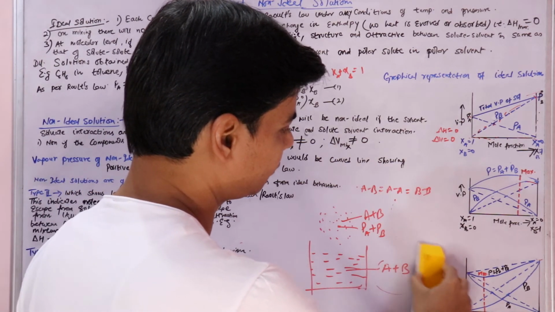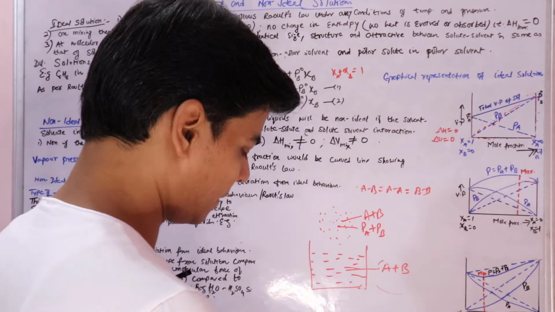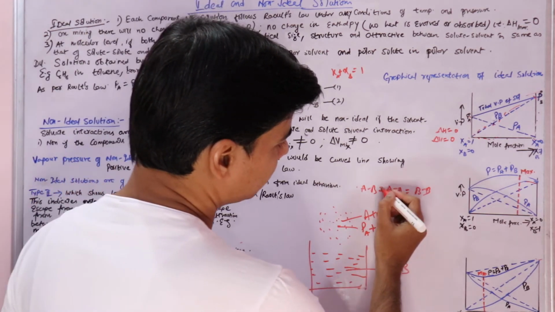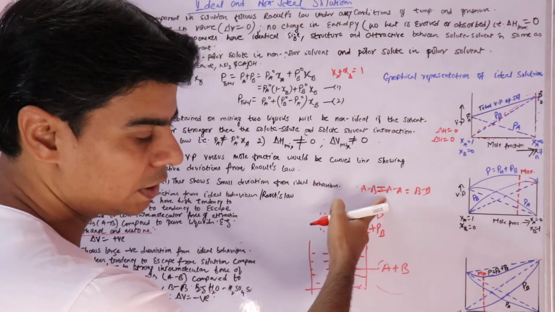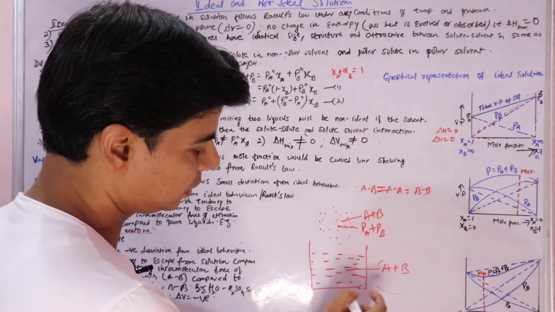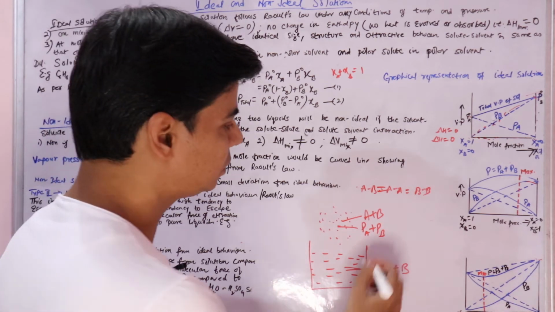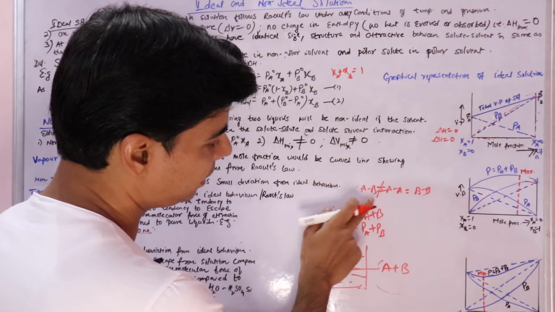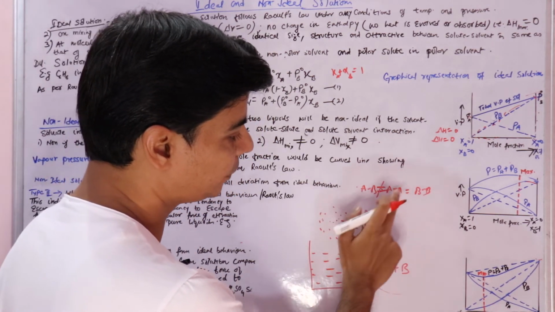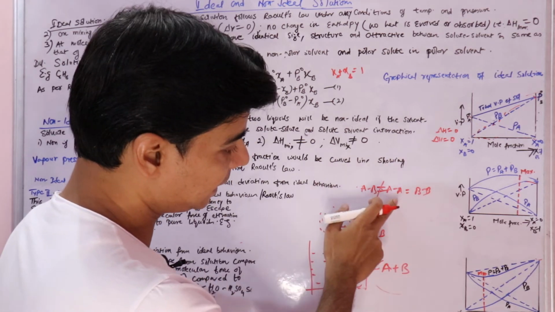One more thing: if the resulting solution is composed of A and B and is a non-ideal solution, then the AB interactions would not be equal to AA and BB. They would either be less or more.